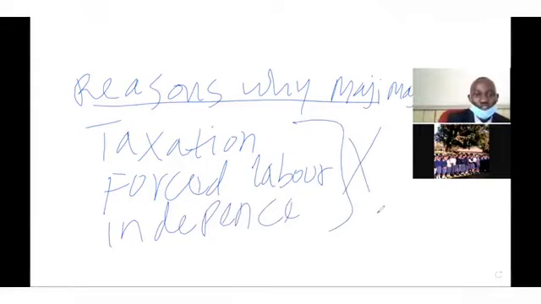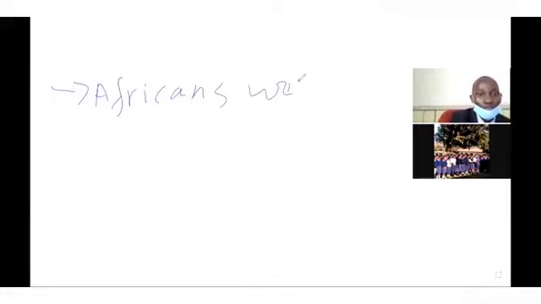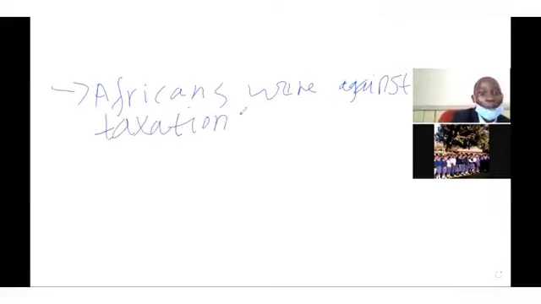So you can write the point like this, as one of the points so that you communicate: Africans were against taxation. Now you score a mark because you are communicating. But writing just taxation, maybe you end up losing a mark.